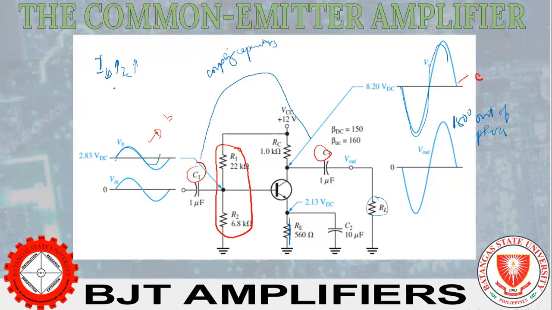So, it causes to increase also the voltage drop across the RC. Kung tumataas yung current natin, tumataas of course yung ating voltage drop. Okay? So, this increase in the voltage across RC means that the voltage at the collector decreases from its Q point. So, the change in the input signal voltage results in an opposite change in collector signal voltage, which is phase inversion.